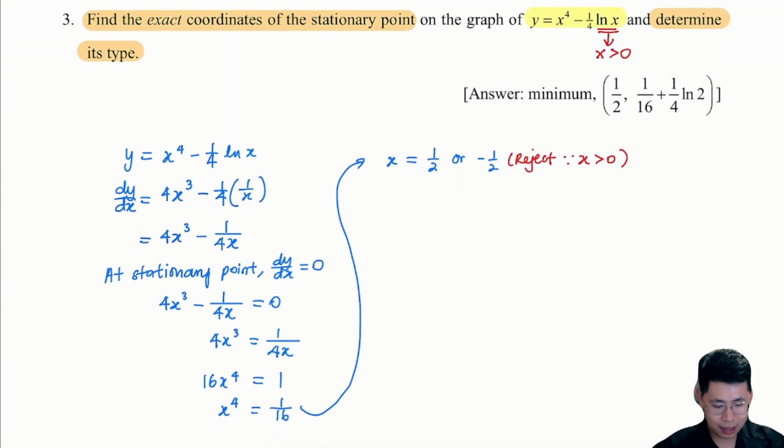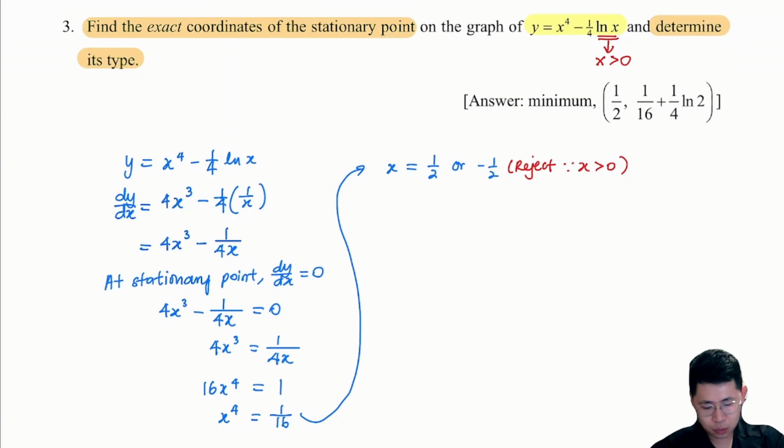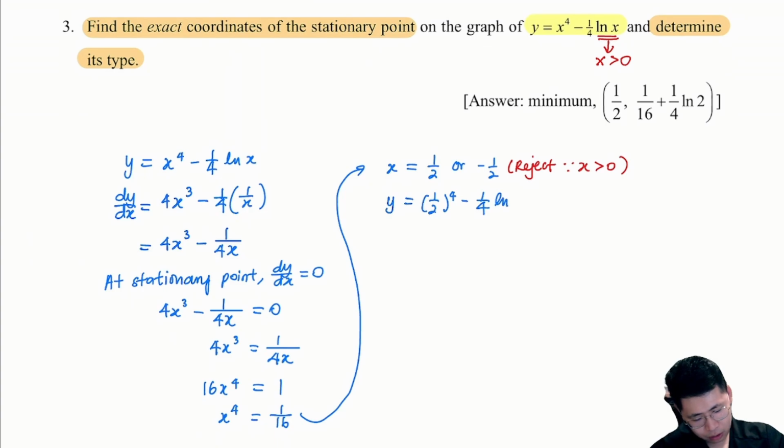Okay, so when x equals to this, because we are looking for the coordinates, let's find the coordinates of y. So y is going to be equal to half to the power 4 minus 1 over 4 ln 1 over 2.